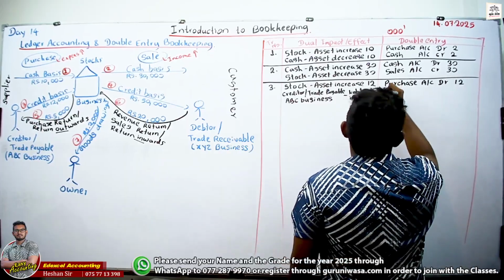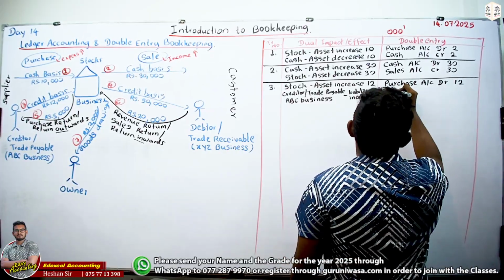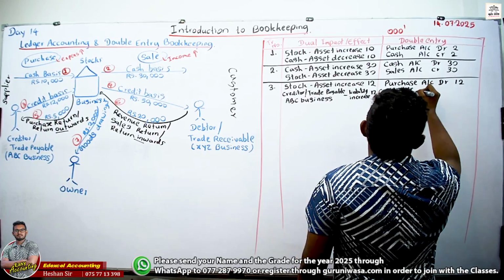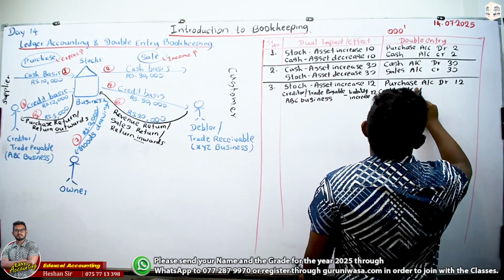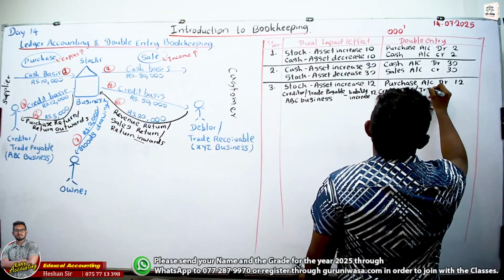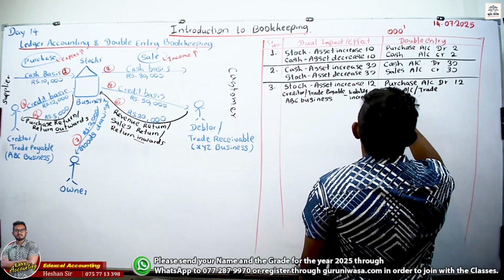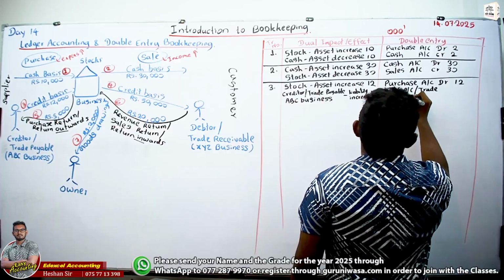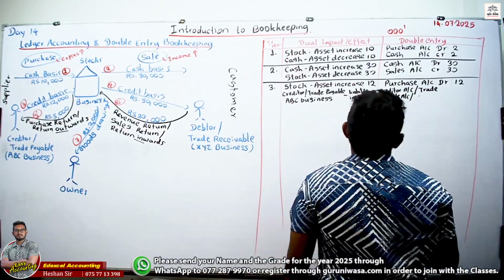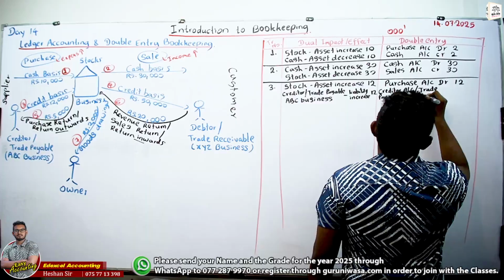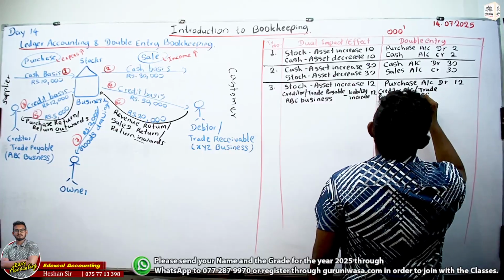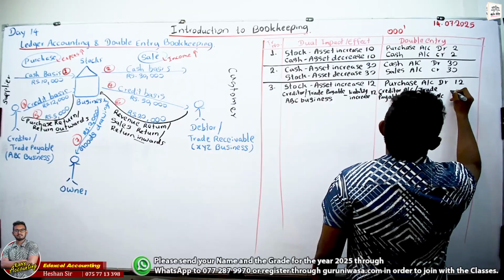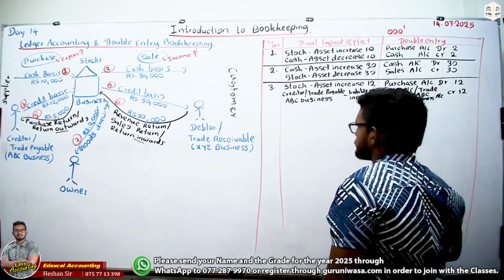You can write creditor account, or in another word, trade payable account, or ABC business account, credit rupees 12,000.